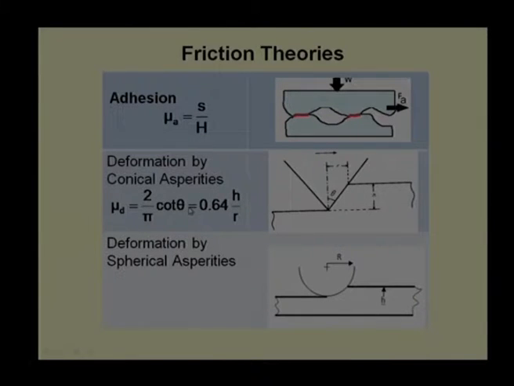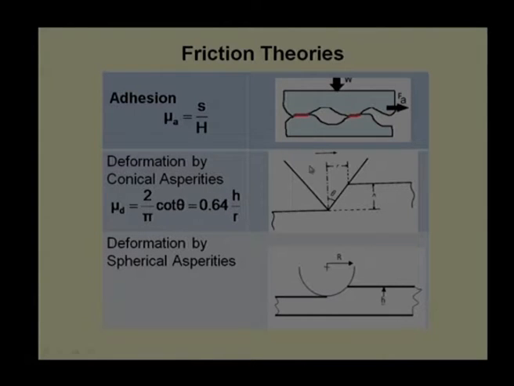If I simplify, 2 divided by pi is equal to 0.06366 or nearby 0.64, and expressed in terms of depth of penetration and radius of the cone at interface, I will get a relation something like 0.64 into h divided by r.